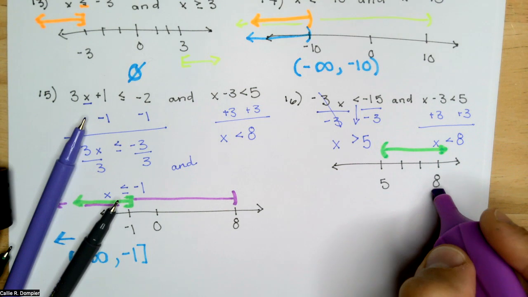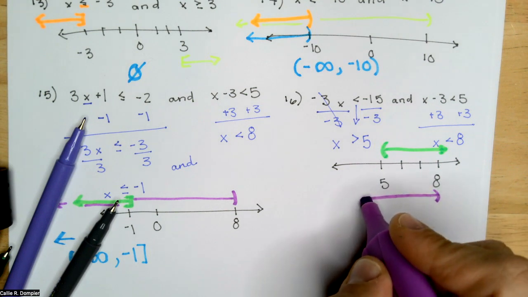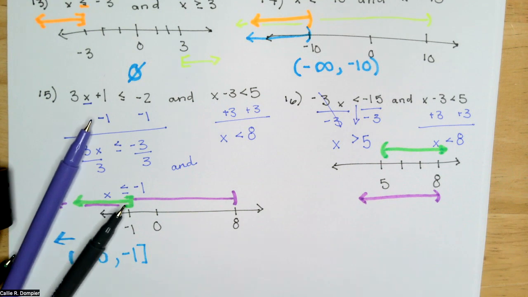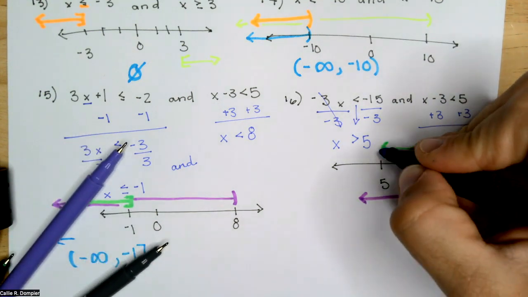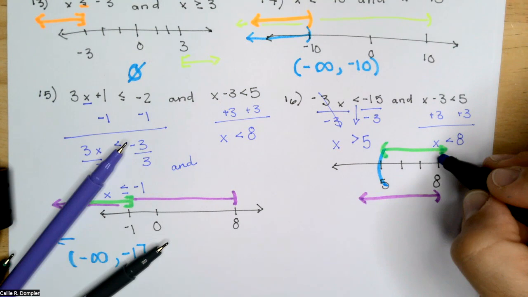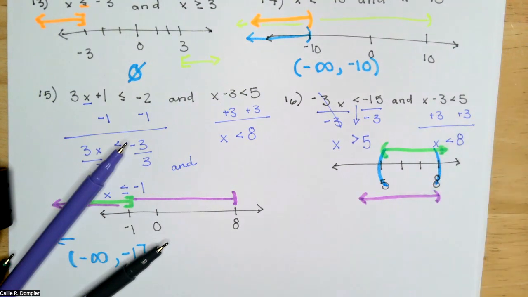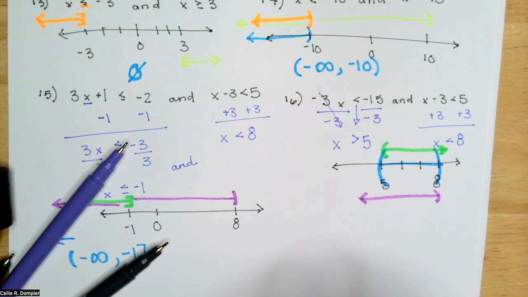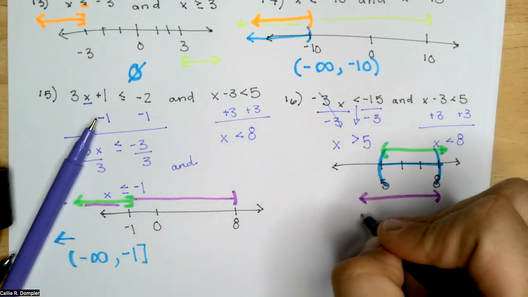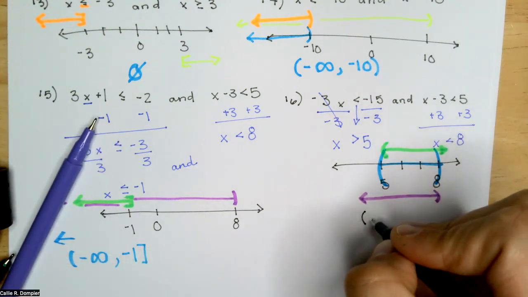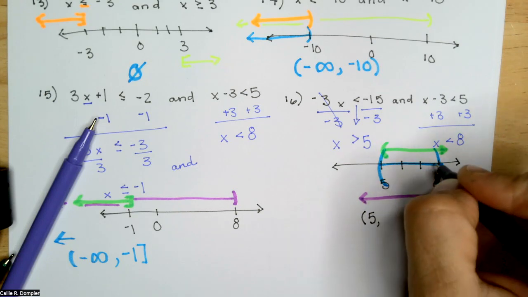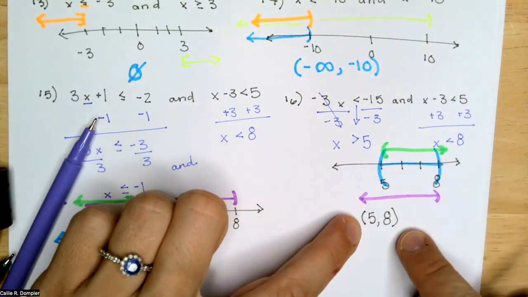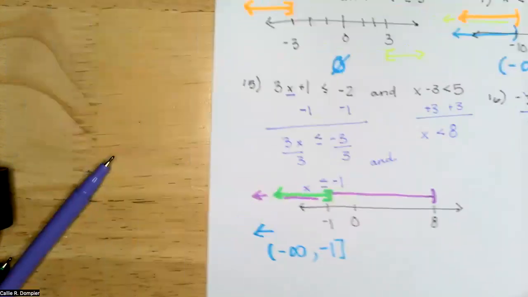I'm going to go back down to below the line. Good. Where do they overlap? They overlap between 5 and 8. So there's what I would mark on my number line. And then I would just take that and I would transfer it down. So this would be 5 to 8. Neither of them have an equal, so it will not have any brackets.